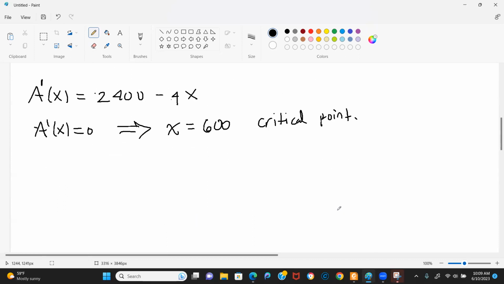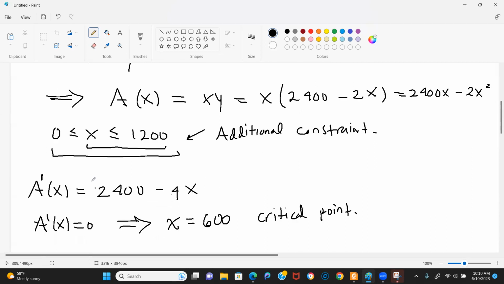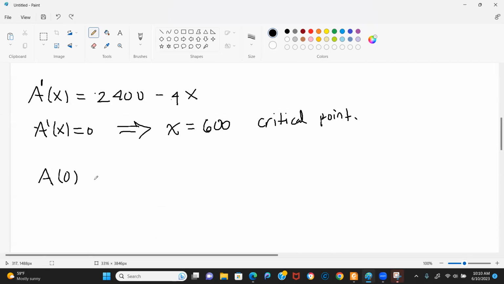So what we need to do now is test the function at these various numbers: at the endpoints and then at the critical point, and then compare and see which is the largest. That will give us the x value for which the area is the largest. That is the side length represented by x for which the area is the largest. So if you plug in 0, it's pretty clear that the whole function is just going to be 0.